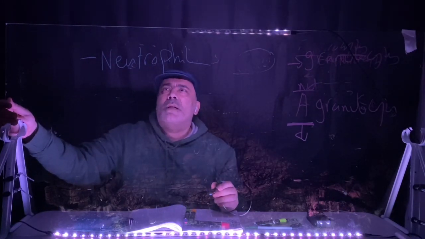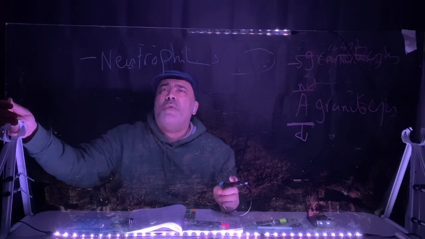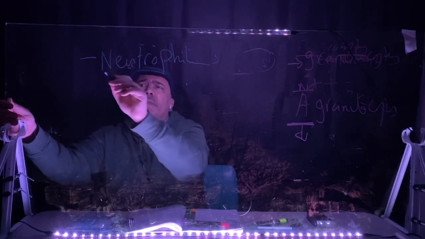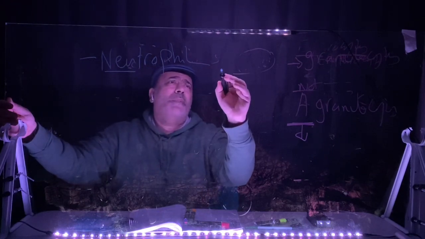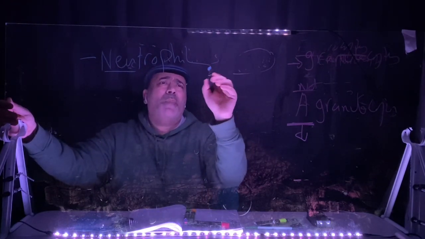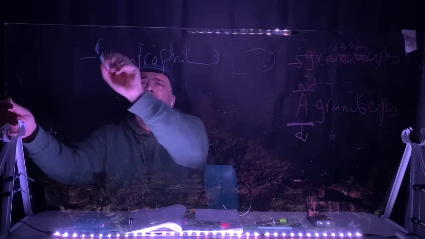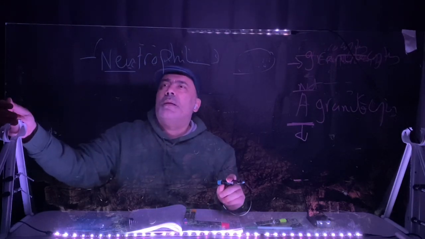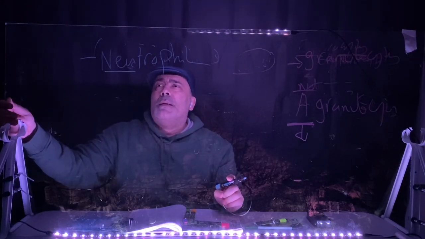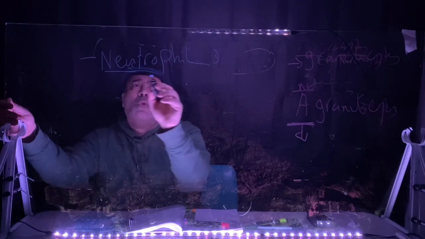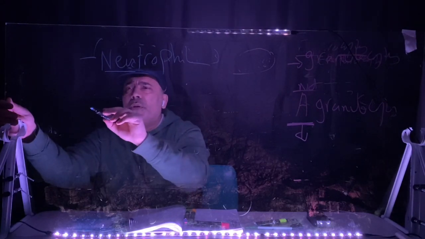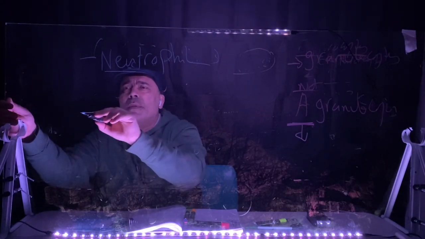This is the most abundant type in the white blood cells, so you have a lot of them inside the body. And of course it has a lobed nucleus and granules inside.